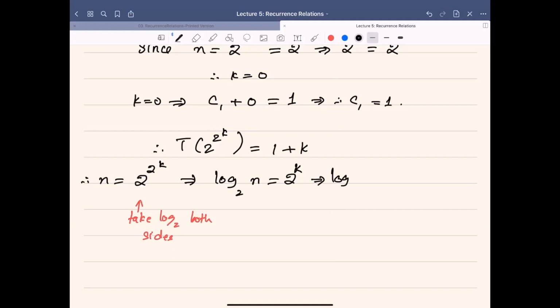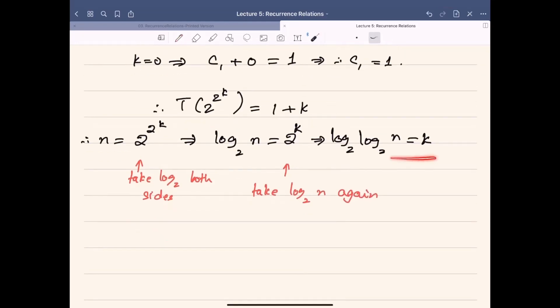So you will have log 2 of log 2 of n equal to k, and I will write here also take log 2 again. So we have found k in terms of n. Substitute here, since n is already equal to this, so this value will be t of n.